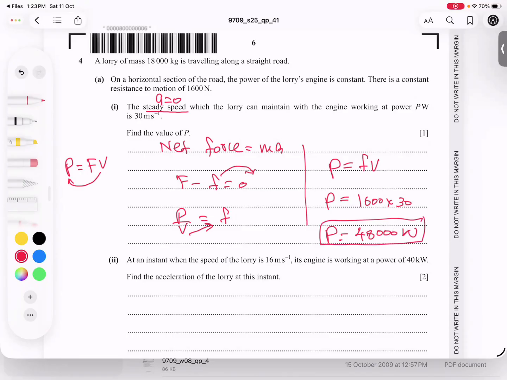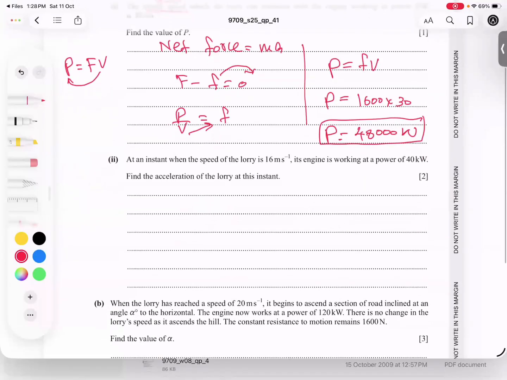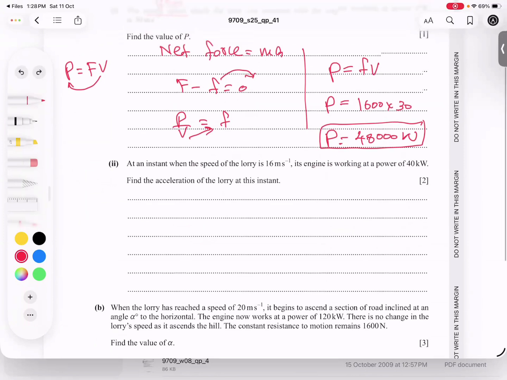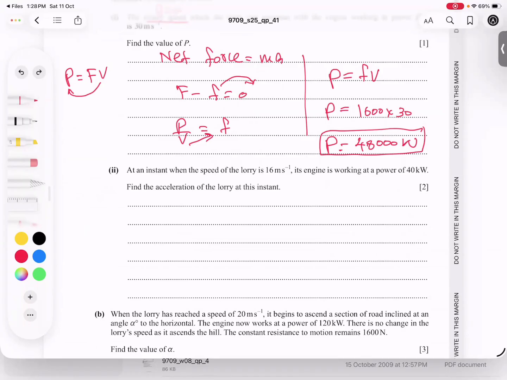And let's go for part number 2. At an instant when the speed of the lorry is 16, the engine is working at power 40 kilowatt, find the acceleration. So same formula, I'll use the same formula.